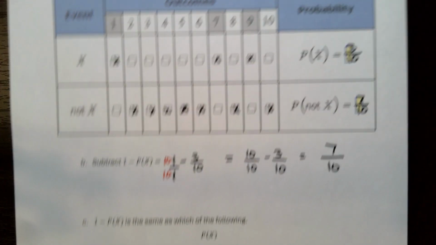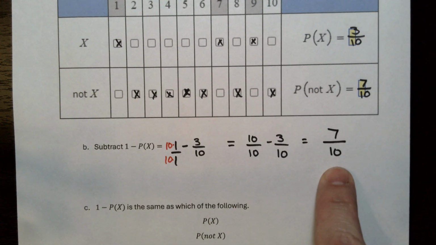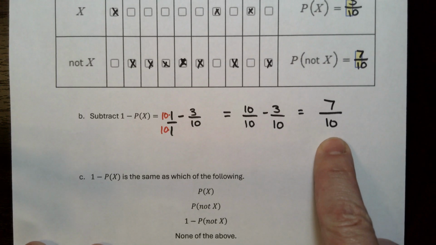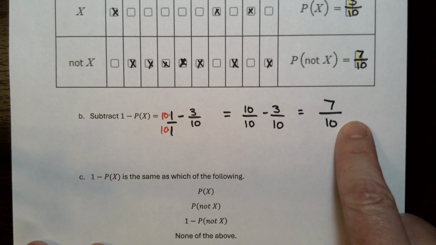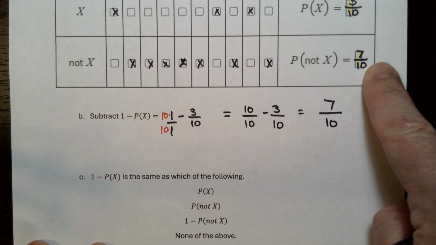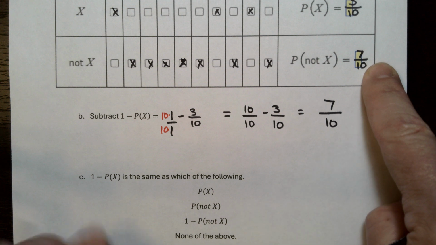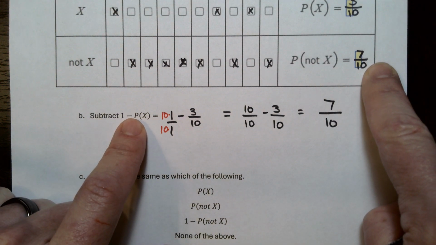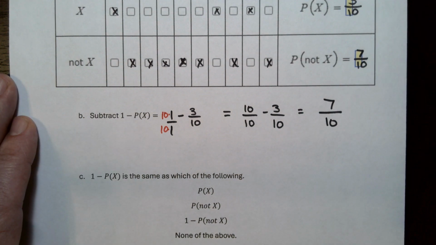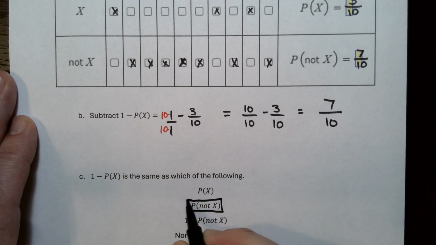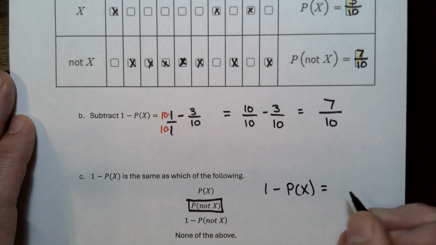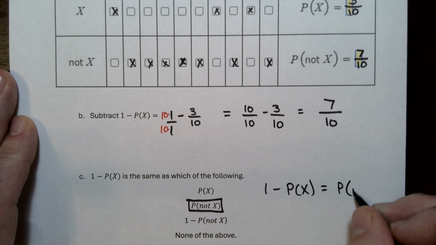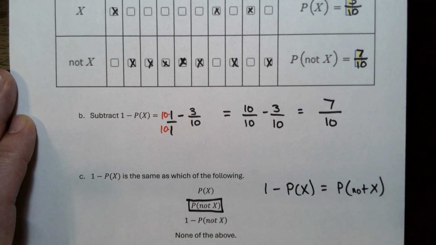Okay? And then the last question, 1 minus P of X, what we just found, is the same as which of the following? Well, just like last time, if you subtract 1 minus this probability, you'll get the other probability, the not X probability. So 1 minus P of X is the same thing as P of not X. And that is this right here. So 1 minus P of X is equal to P of not X. And that's it.